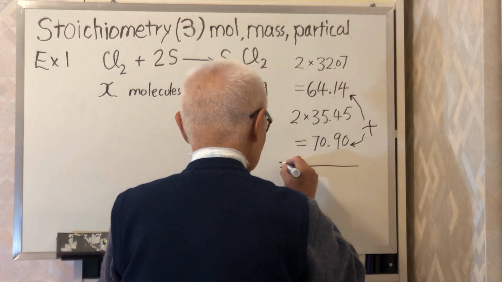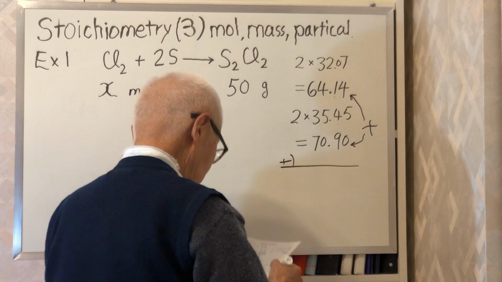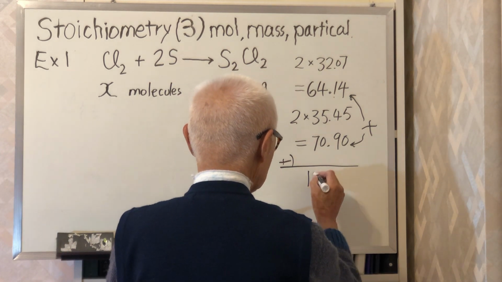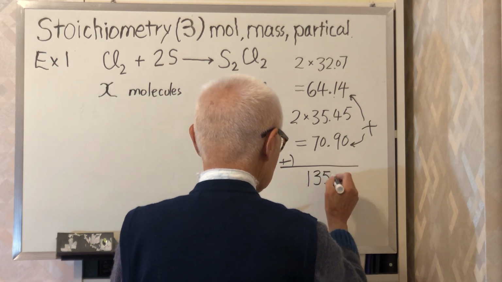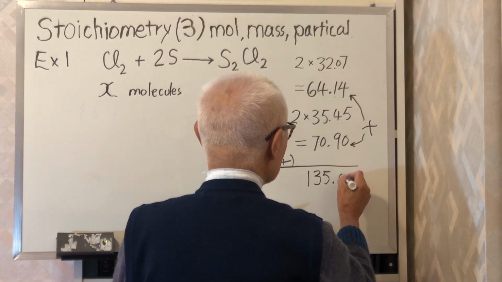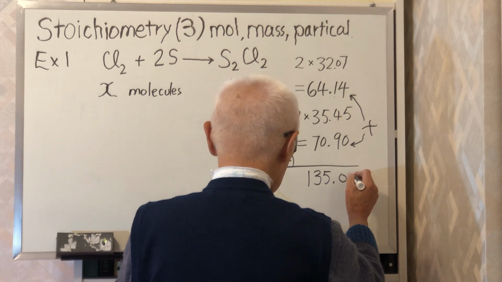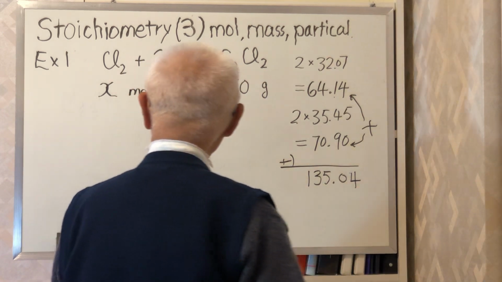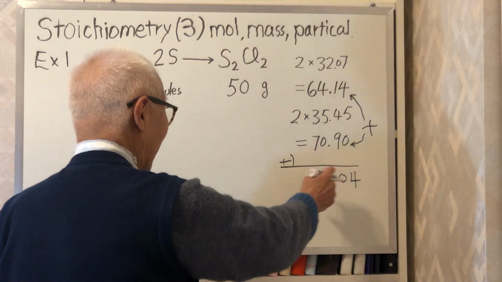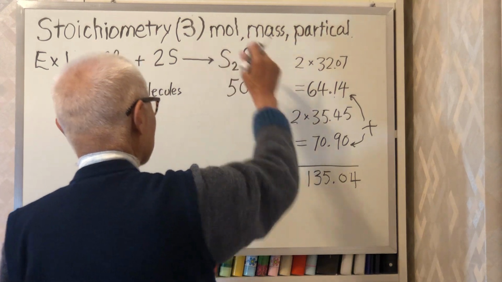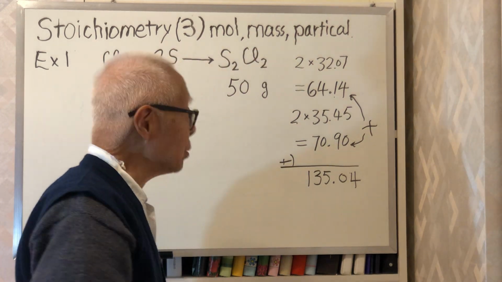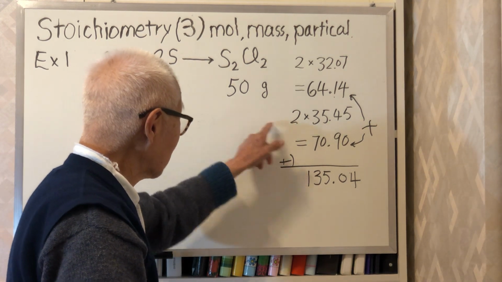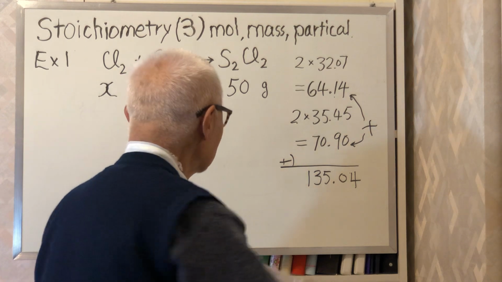It is 135.04. That's the mass of disulfur dichloride. I put this number below the 50 gram because this is also gram.